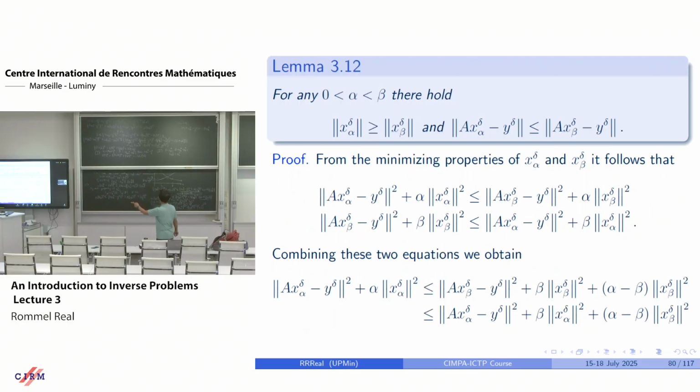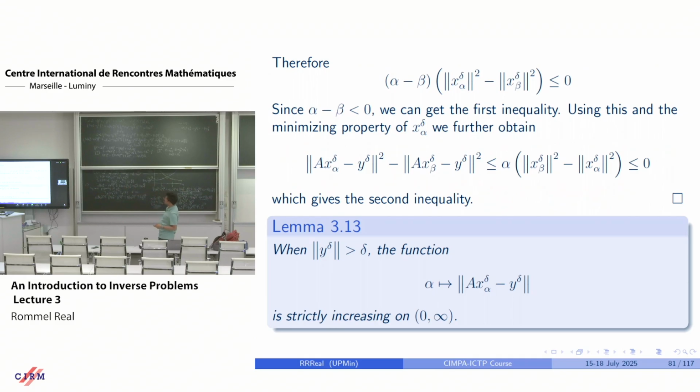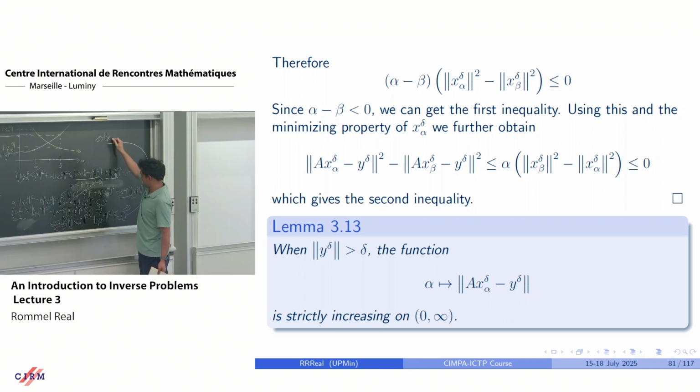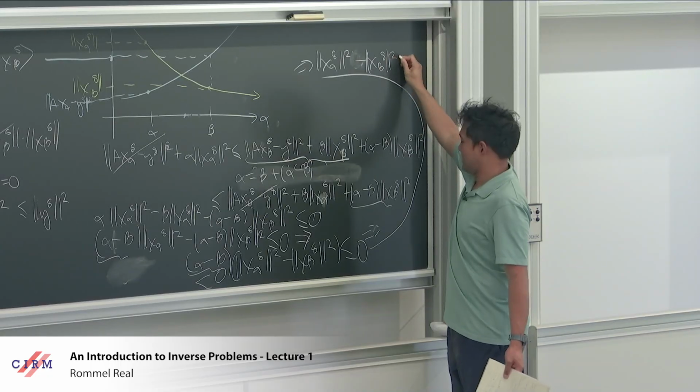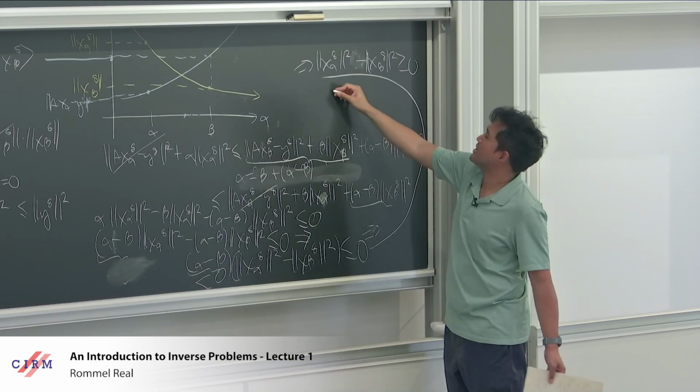Oops, that one over there. Now for the second one, it uses the same procedure. So in fact, we need to use the same results. So from this one, this will imply that you have this one. Am I right? X alpha delta minus x beta delta must be negative, so that's why you have this one.